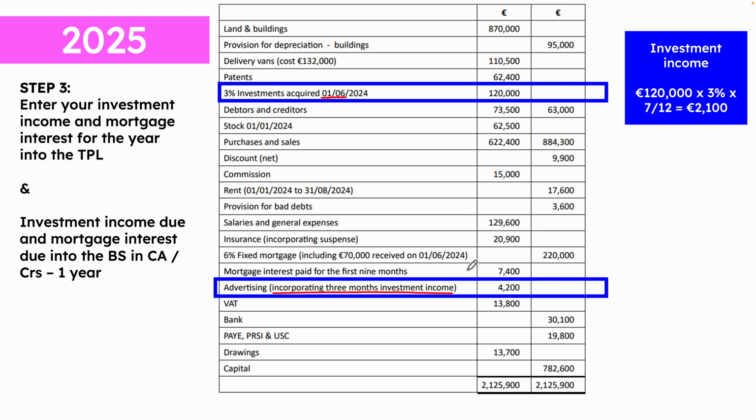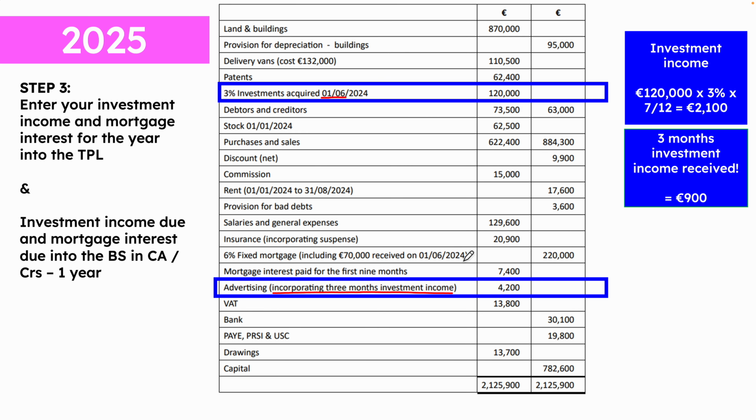So if we were to put it into the investment income received account, we would firstly know that the amount, the 3 months, would be €900. So you just multiply 120,000 by 3% by 3 over 12 months, and that's €900. But you would credit that, put it on the credit side. So investment income received would be 900 on the credit side.